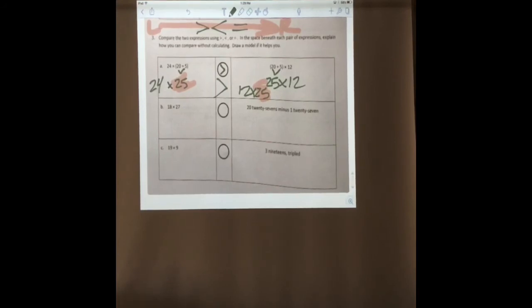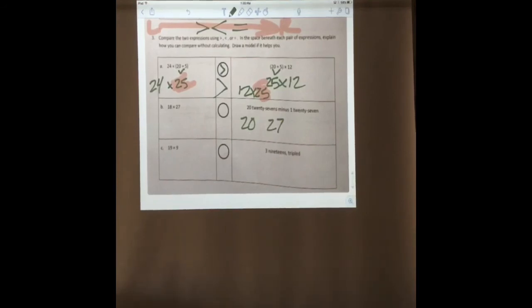And that is how you do problems like this. Now let's say you're going, hey, what about this one down here? It freaks me out because it's in words. It's okay. Just write it out. We have 20, how many? 20 what? 27. We have 20 27s. So we put our 27 down. And then it says minus. What does that mean?